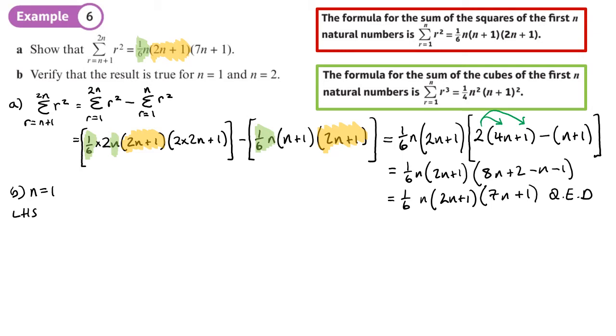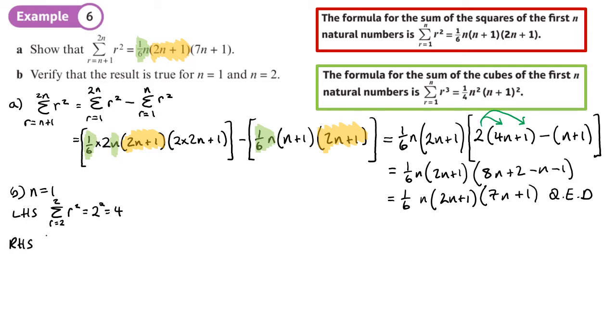Well, the left hand side is going to be r equals 2, because I'm just basically doing 1 plus 1, n plus 1, and then 2 times 1, 2 of r squared. What does that basically mean? It just means doing 2 squared, which is 4.